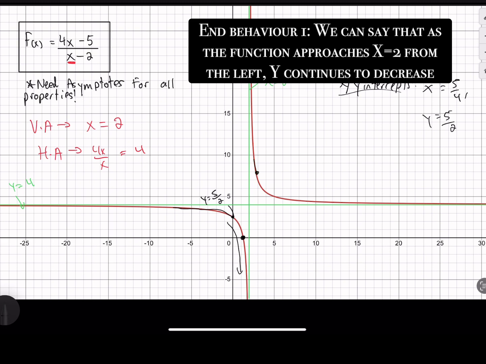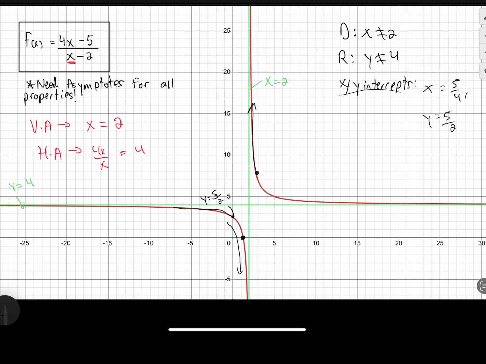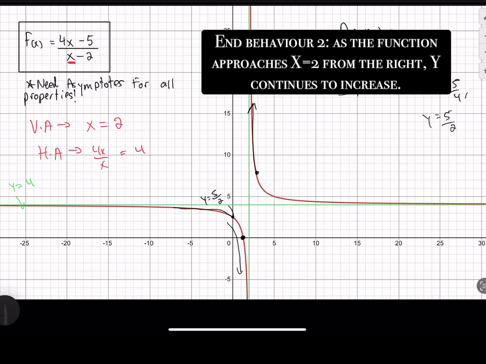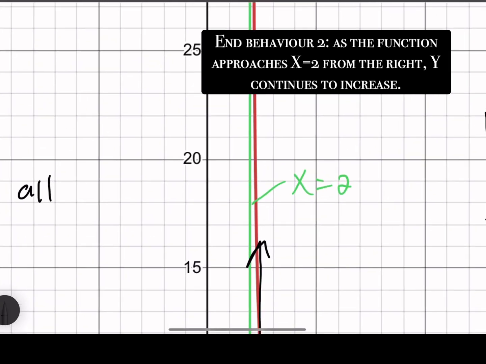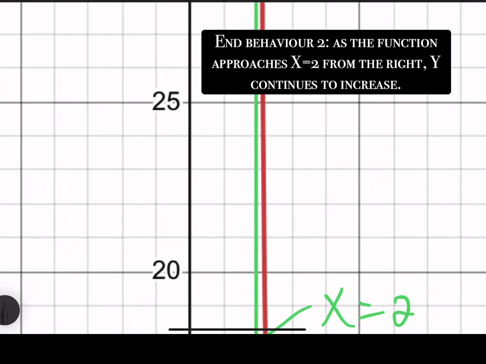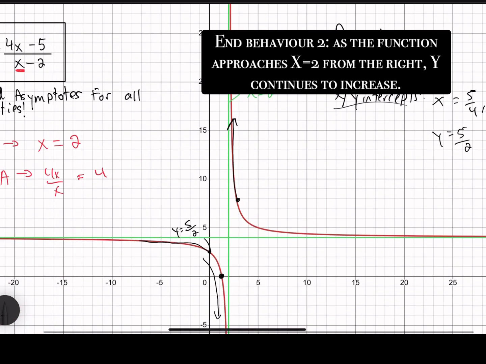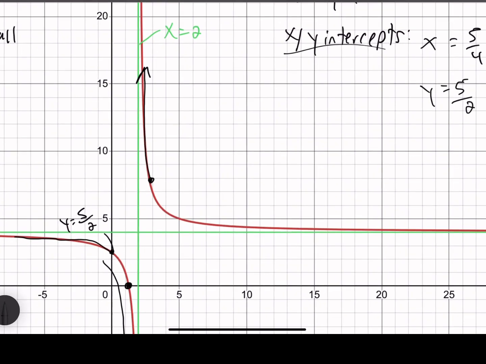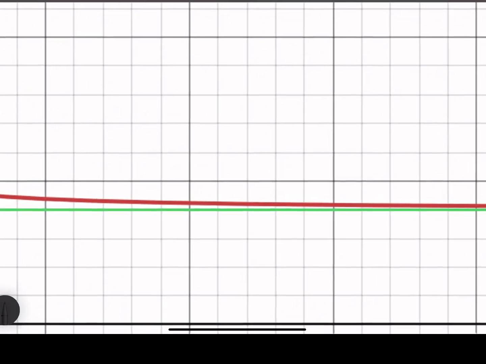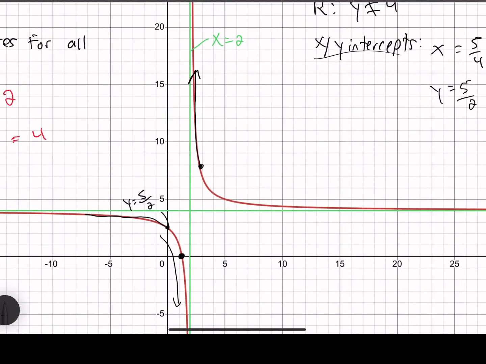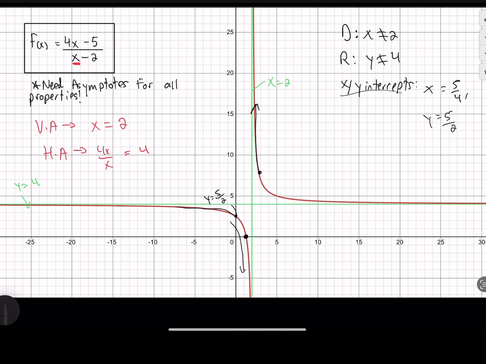It's going to follow along the vertical asymptote at x equals 2, so it'll approach it but never actually hit it. Over here at the top, it gets really close, but you see that it never actually hits. And then it's going to approach the y equals 4 horizontal asymptote, but it never actually hits. There's always a small gap. So you really guide the end behaviors of the graph once you plot all your points.